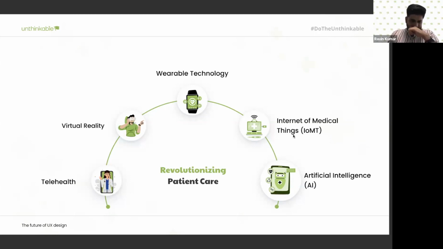And last is the Internet of Medical Things. It's similar to IoT that we have. It refers to an internet-connected network of multiple devices. For example, if we talk about OTs, operating theaters, they have a lot of devices.